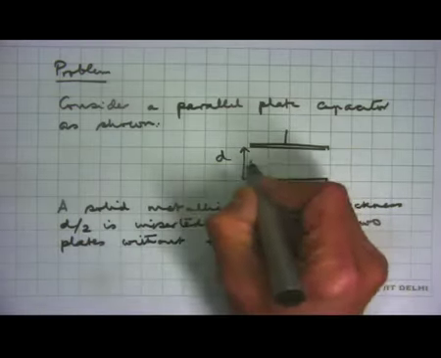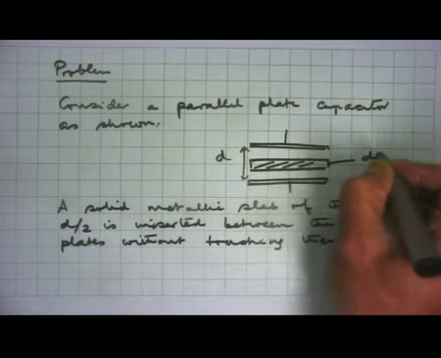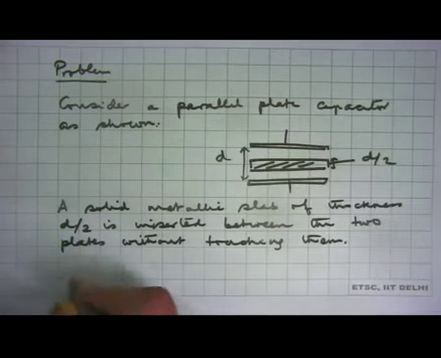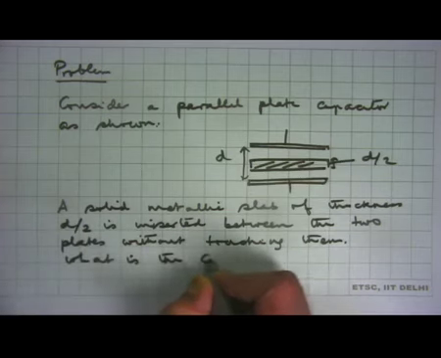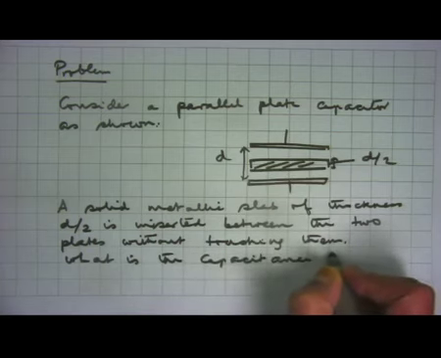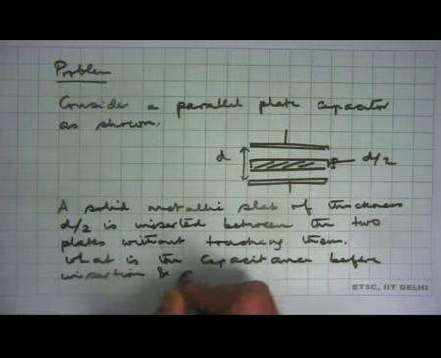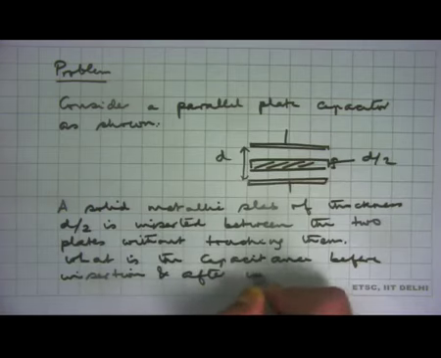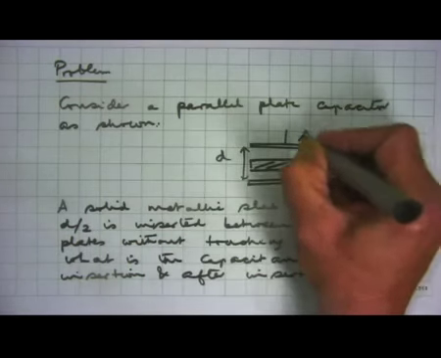So, I put a plate now, this is conducting of width d by 2. The question is, what is the capacitance before insertion and after insertion? The area of the plates is A.